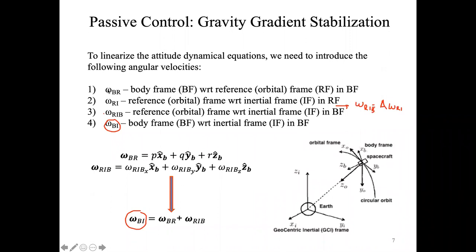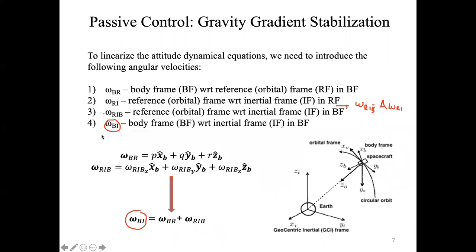we can use the omega of the body reference frame with respect to the orbital reference frame, for example, and sum this angular velocity to the angular velocity of the orbital reference frame with respect to the inertial reference frame.